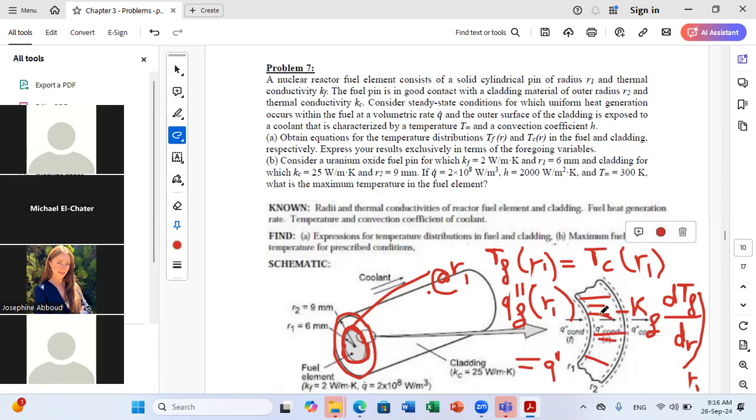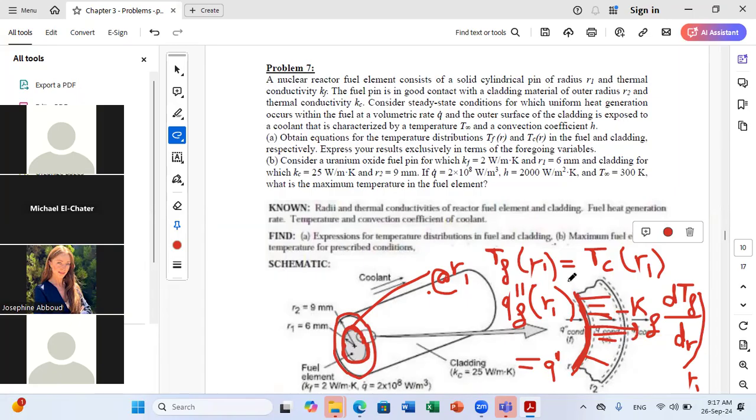But at the interface, at radius R1, you have the same q second in the fuel and q second in the annulus. Whenever you propagate in the annulus, of course, the rate will remain constant because there is no generation, but the flux will be reduced because of the increase in area.